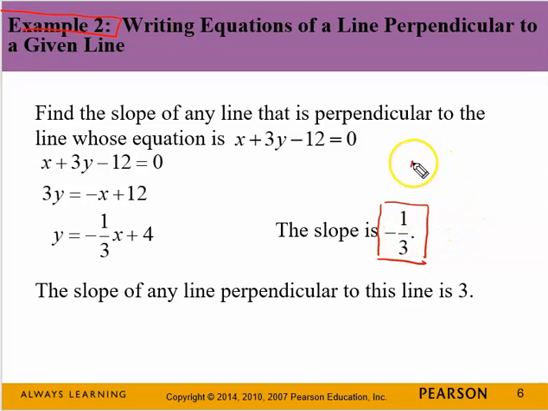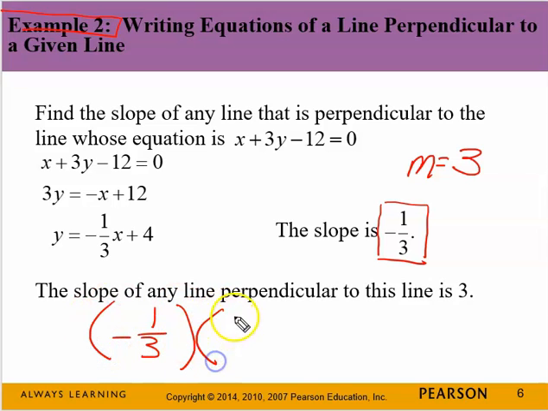Well, it would be its opposite sign, plus, that we don't write, and then the reciprocal of 1/3, which would be 3. So the proof would be a negative 1/3 times the reciprocal of that with the opposite sign, 3 over 1, gives you the product of a negative 1. Now, they're not going to ask us to do an equation like this where we find out what it is.